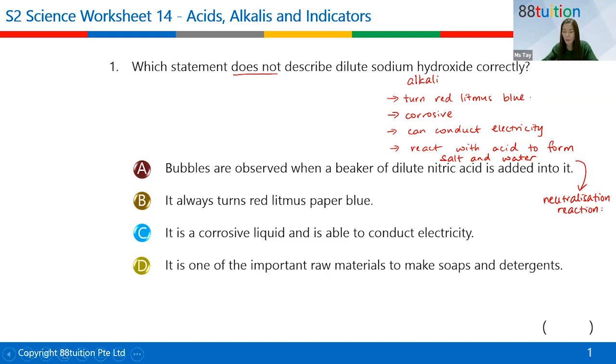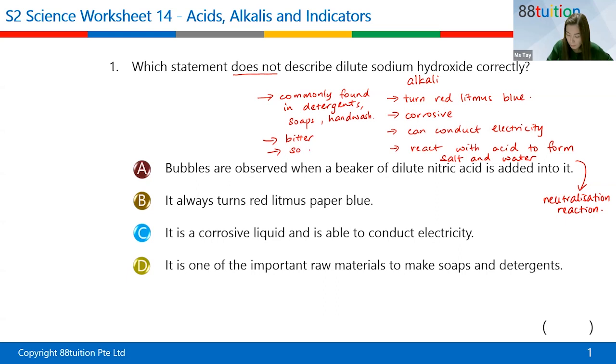Okay, this is the only reaction. And then alkalis are commonly found in detergent, in soap, in hand wash, something like that. Okay, and then they are usually bitter and they feel very soapy. Okay, so these are the characteristics of alkali.